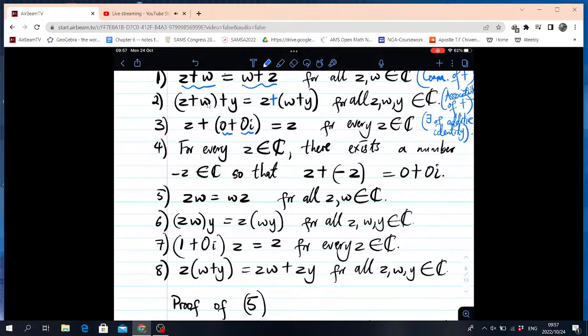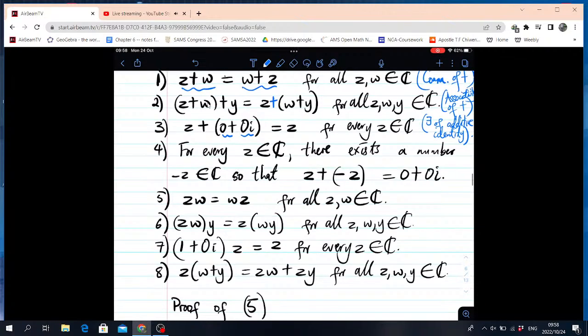And then the next one is an additive inverse. So we know that if you've got a real number a, then we've got minus a, such that if you add them, you get 0. We also have that in the case of complex numbers. If you've got a complex number z, then there is a minus z, such that if you add the two, you get the additive identity, what we got in number 3 there.